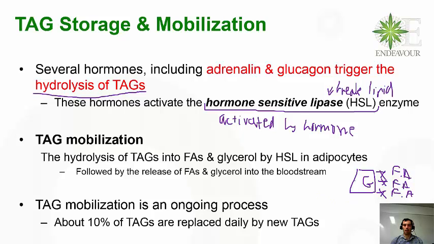So we're now going to have separate fatty acids floating around, same with our glycerol. So they've all been separated. So now that we've got this separation, we can actually use the fatty acids and glycerol for different metabolic processes.